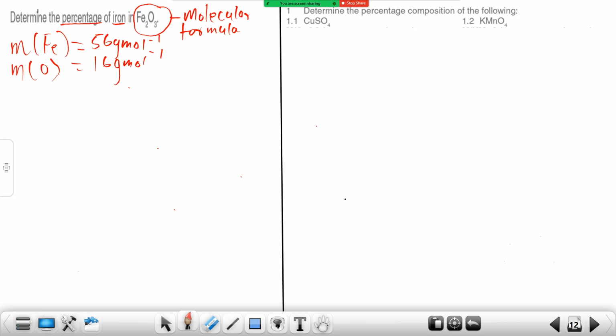Step number 2, calculate the total molecular mass.